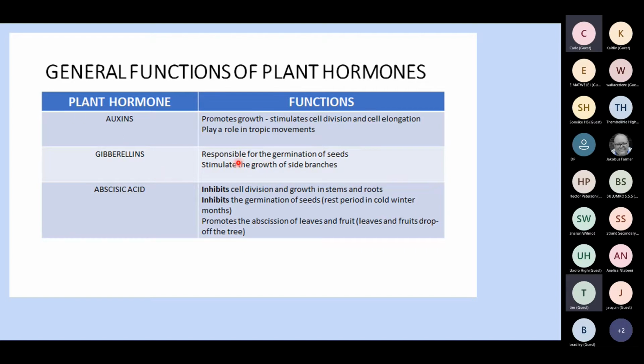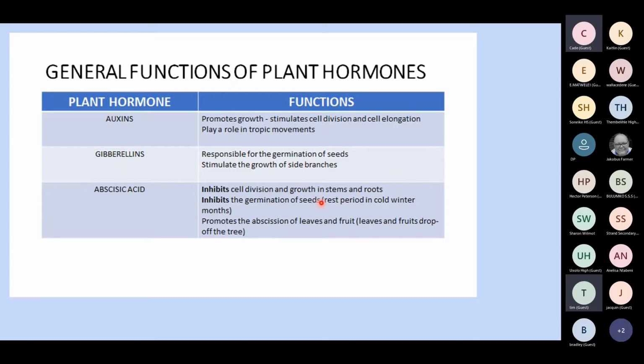Gibberellins are responsible for germination of seeds. They stimulate the growth of side branches. And then abscisic acid, grade 12, is the one that will inhibit cell division and growth. It will inhibit germination of seeds. Remember, before, when we dealt with the endocrine system, we spoke about hormones.